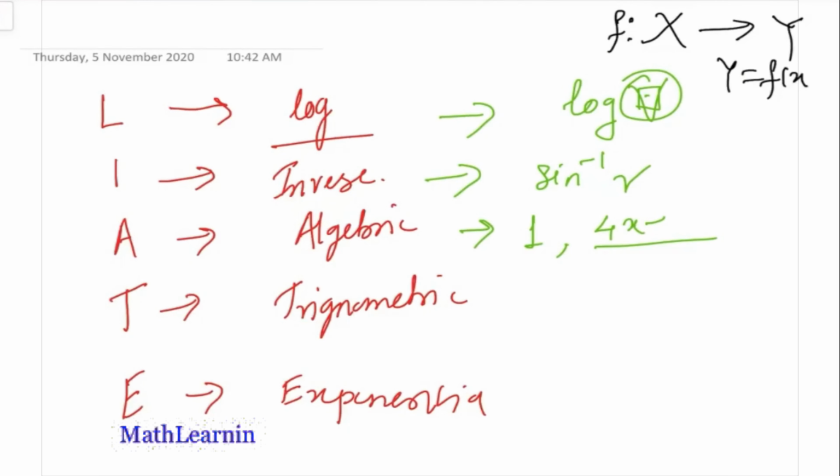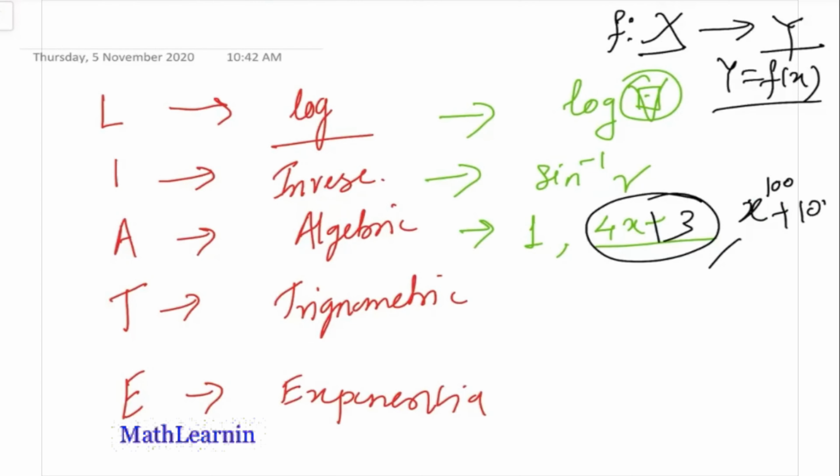You have seen this type of set x and set y. So 4x plus 3, such polynomial functions, maybe higher power x raised to 100 plus 10x and all that. These are the examples.